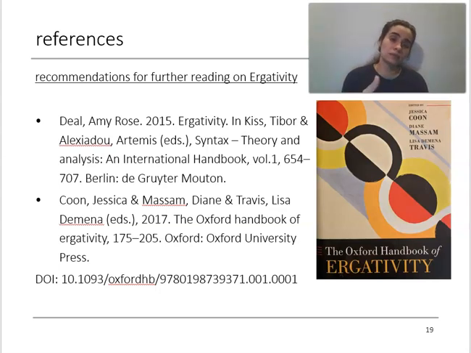The next reference is the Oxford Handbook of Ergativity. Here are two papers, also on the Georgian language, and one of these papers is that of Nash, who analyzes Georgian ergative as a dependent case.